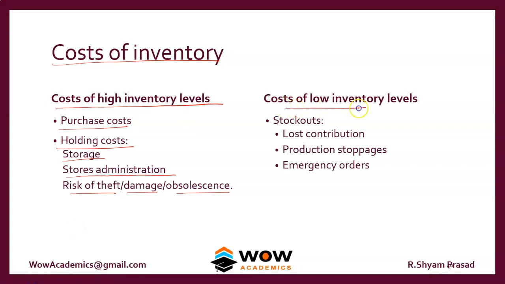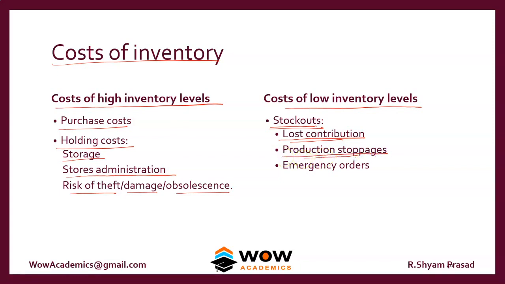If we have low levels of inventory, that would lead to stockouts. That is, we won't be able to sell goods when the customer asks. Because of this, we lose our income, that is, lost contribution. If we don't have a sufficient amount of raw material inventory, then we have to stop production.